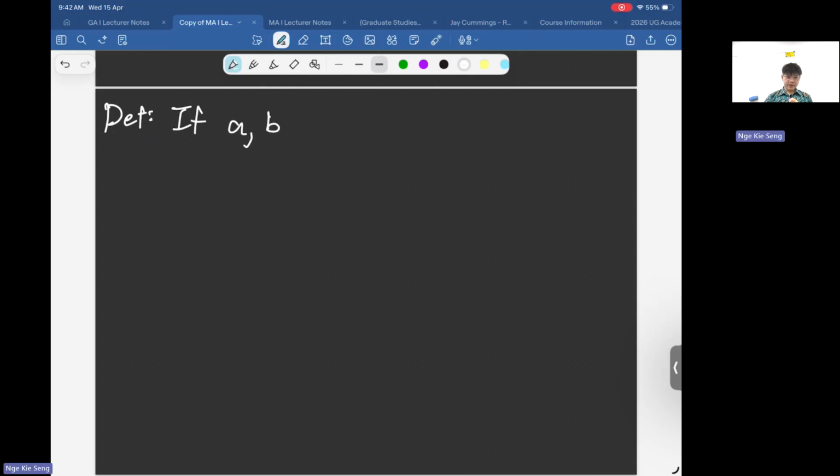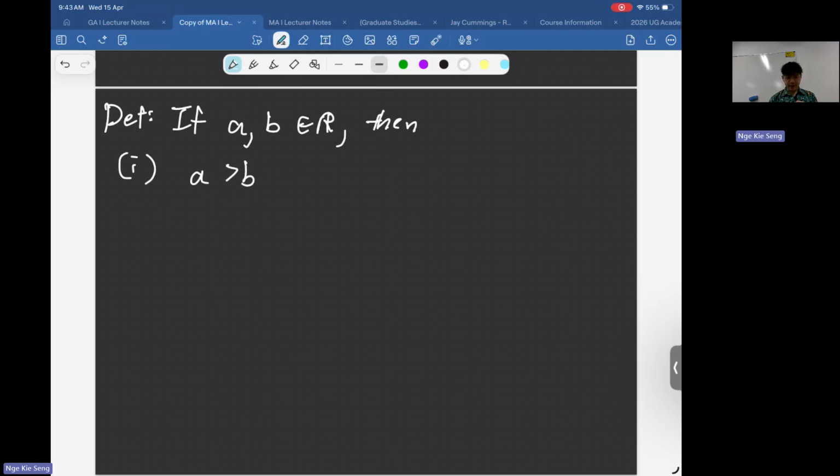So in this case here, we will define how we are going to define this greater or equal sign. There are a few ways to do it. Either you define the sign of order, or what we're going to do now is define it this way.